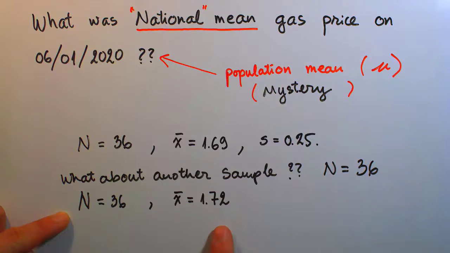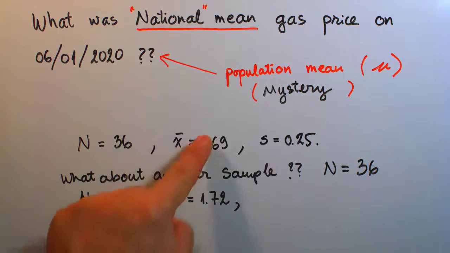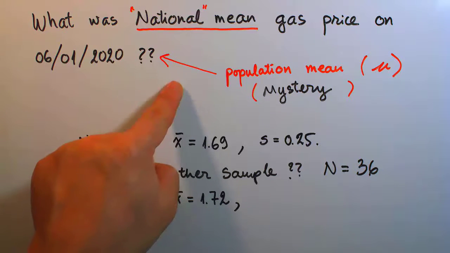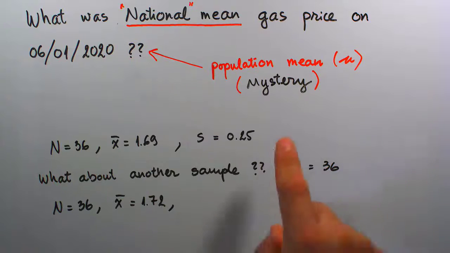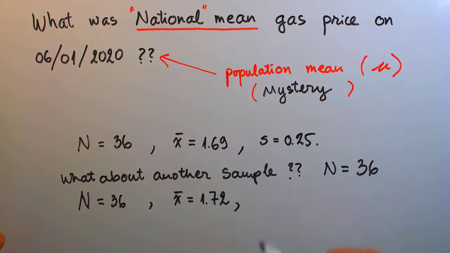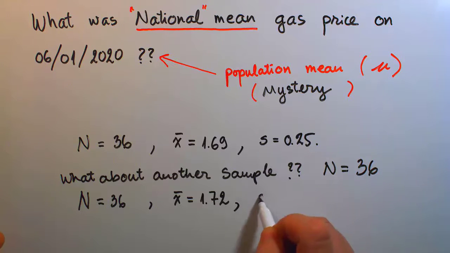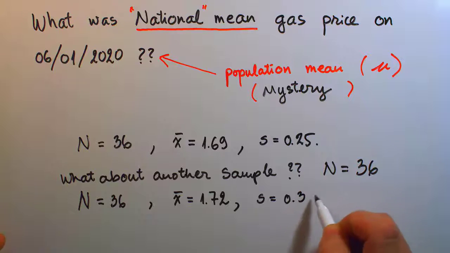And that's why, once again, to verify my point from earlier, none of these values can qualify as the population mean that we are looking for, simply because a sample mean value changes depending on the sample, whereas a population mean value does not. So in this second sample, the sample standard deviation is 0.31.